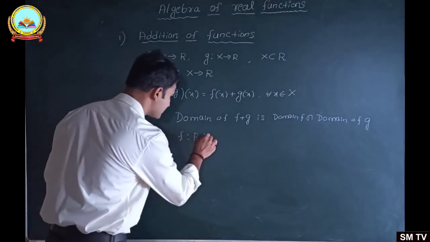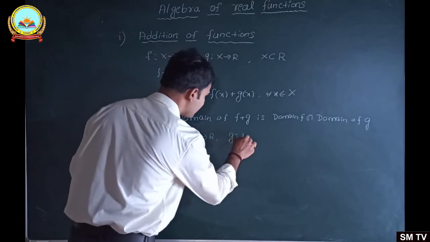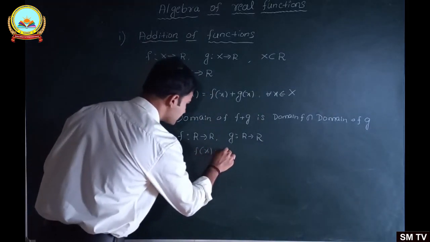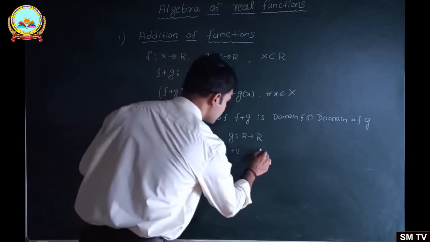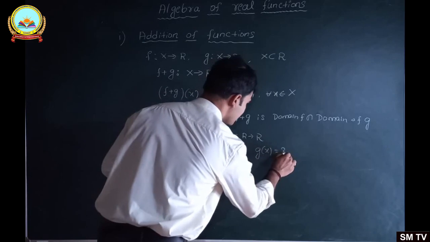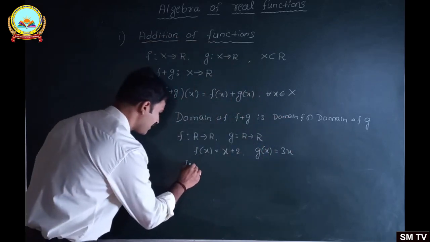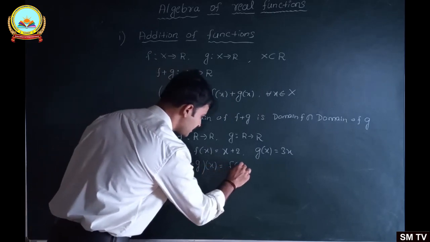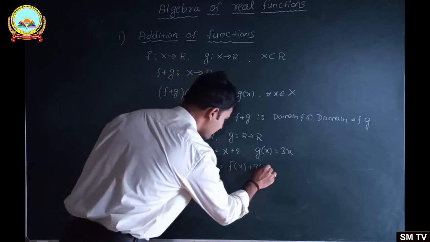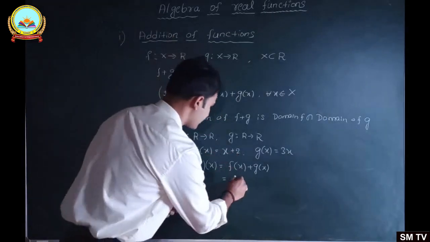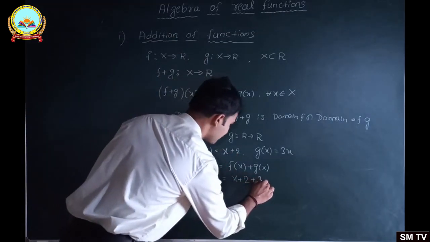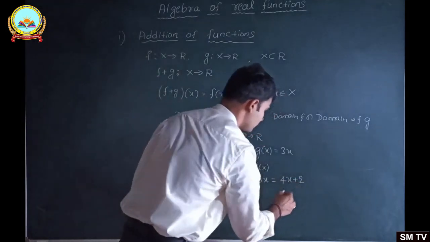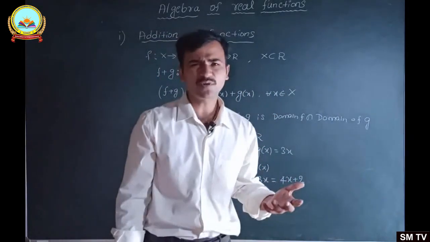Suppose f is a function defined from R to R, and g is a function defined from R to R. If f(x) equals x plus 2 and g(x) equals 3x, then (f plus g)(x), according to our definition, is f(x) plus g(x). So this equals x plus 2 plus 3x, therefore this equals 4x plus 2.